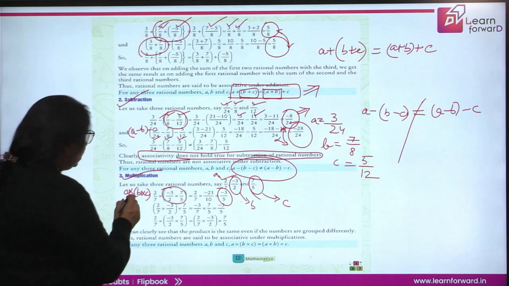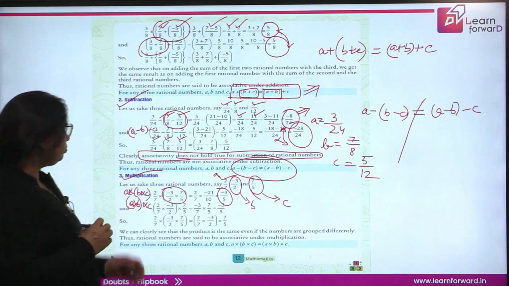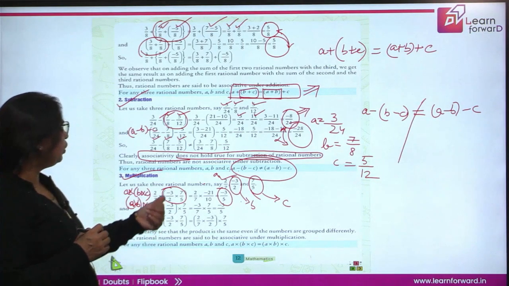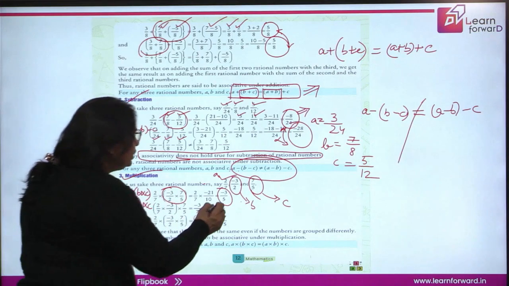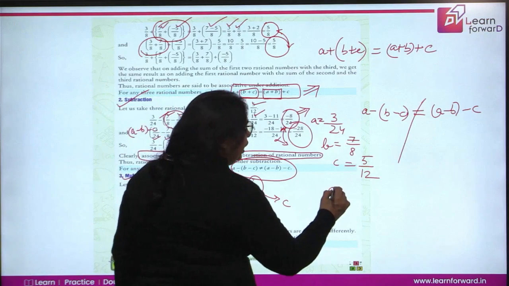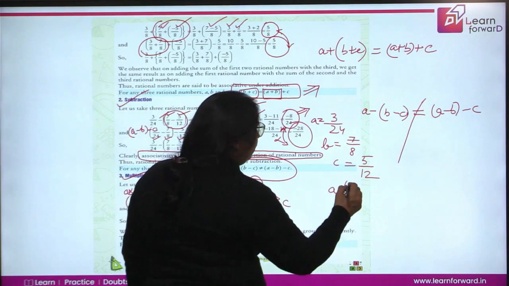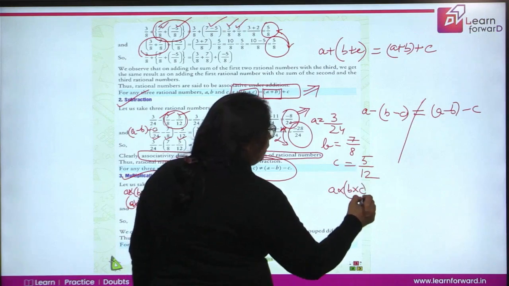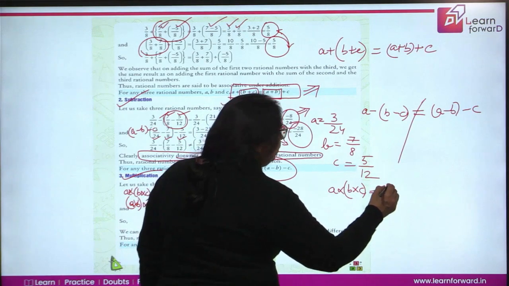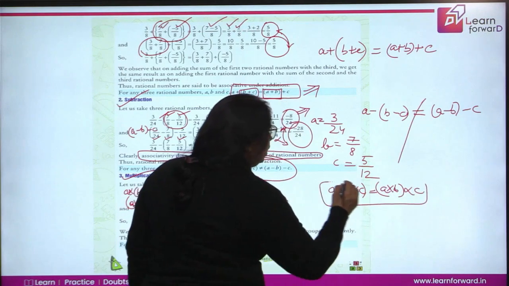For the second case, A and B are within the brackets. 2 upon 7 into minus 3 upon 2, into 7 upon 5. Answer again minus 3 upon 5. So in the first case, A is out of the bracket, B into C. And for the second case, (A into B) into C, they are equal.